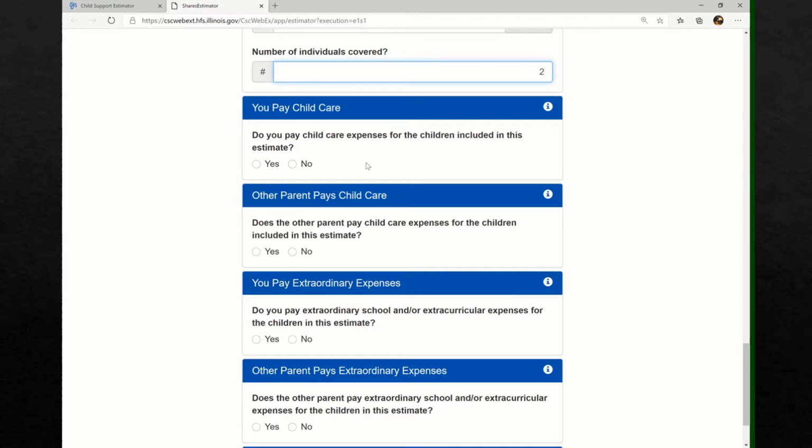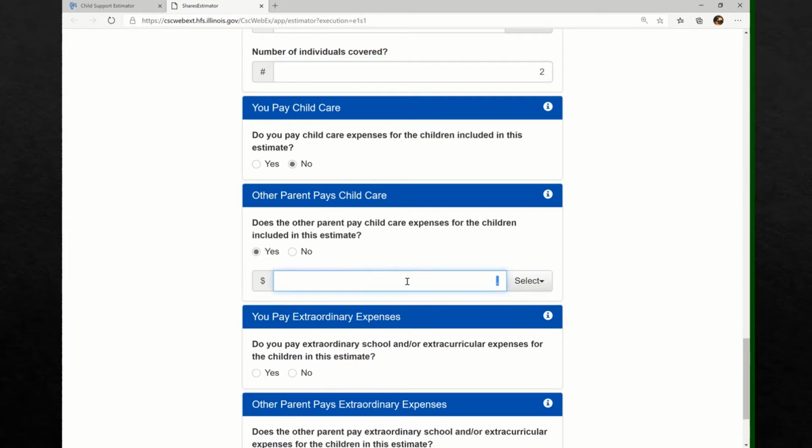So somebody is paying the nanny. Let's assume that it is your ex that is paying the nanny. So you will say, do you pay childcare expenses? No, but does the other parent pay childcare expenses? Yes. And let's assume that the nanny's expense is $350 monthly.